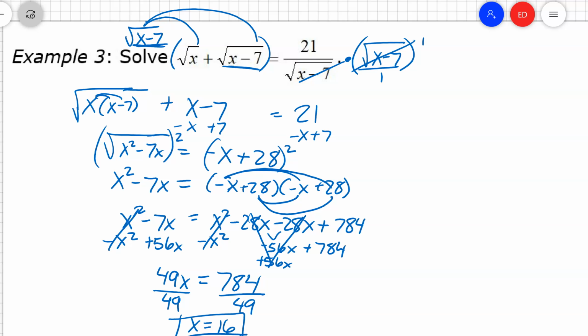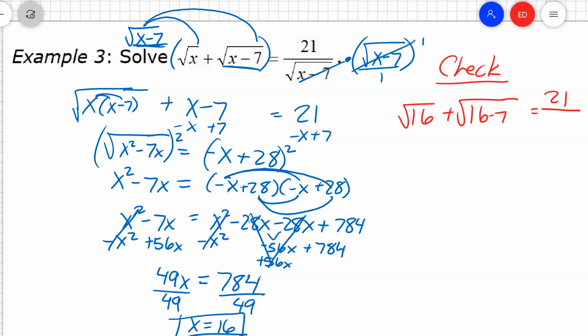Alright, we are not finished though because our very last step is we do need to check our answer. So I'm going to do that in red. Check. When we check our answer, we're going to substitute it back into our original equation. So the square root of 16 plus the square root of 16 minus 7 equals 21, all divided by the square root of 16 minus 7.